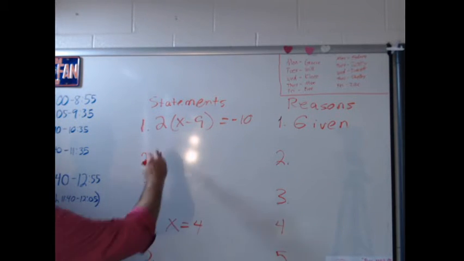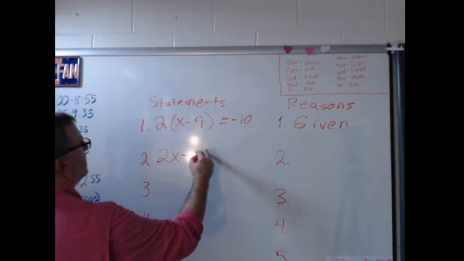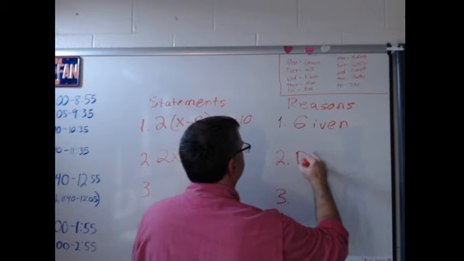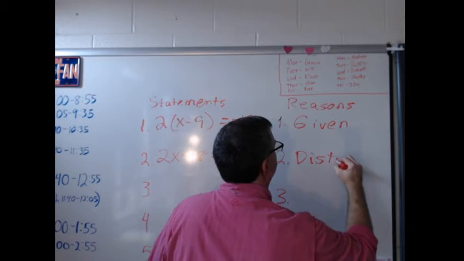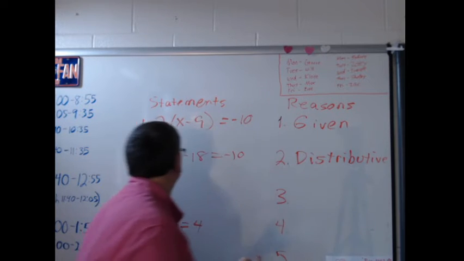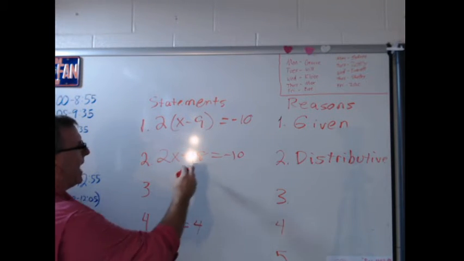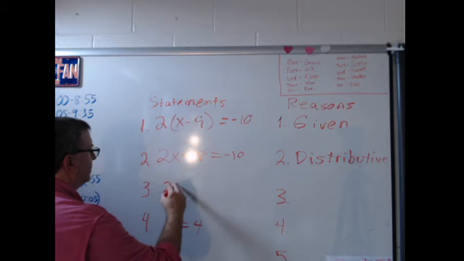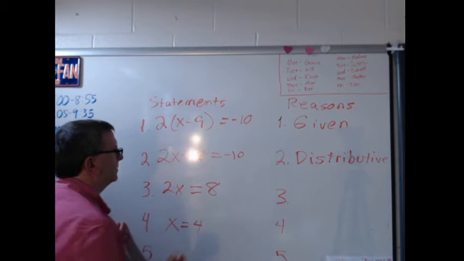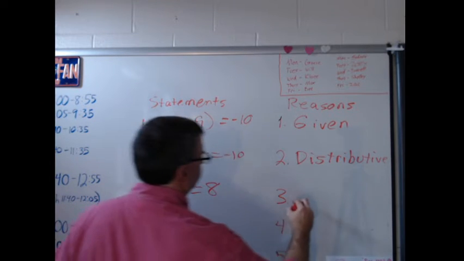Distribute. So I have 2x minus 18 equals negative 10. This is the distributive property. Then I add 18 to both sides, and so I get 2x is equal to 8.